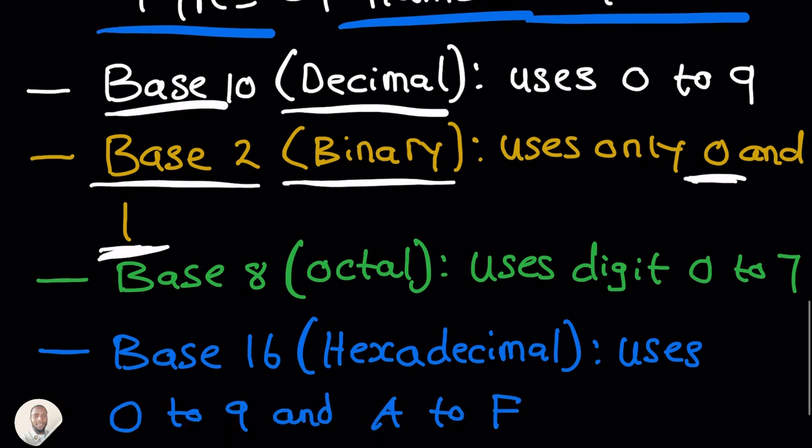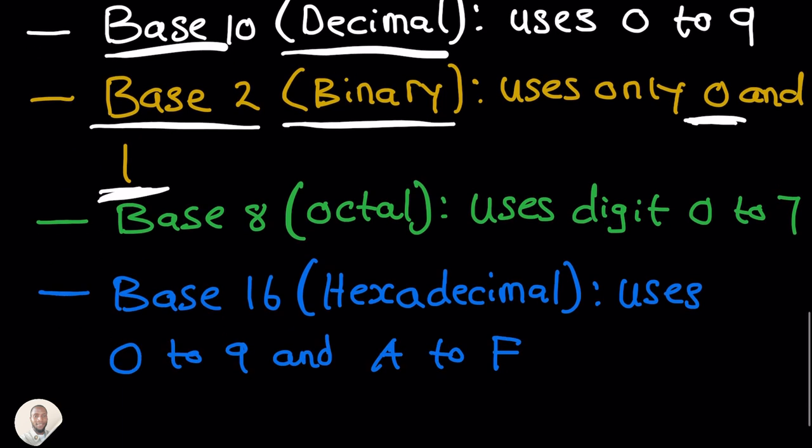Right? Another type of number system is base 8, also known as octal. Base 8 uses 0 and what? 7. Any other digit is not allowed in base 8. Right? So when the number reaches 7, it carries over and becomes 10 in the next value.